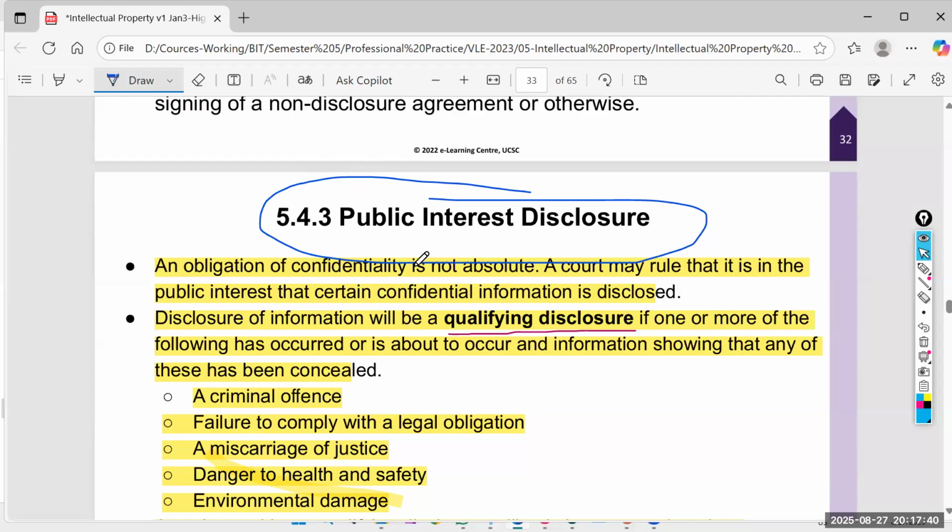So that is called public interest disclosure or qualifying disclosure. That means you disclose some internal things of a business organization to a third party or the general public.